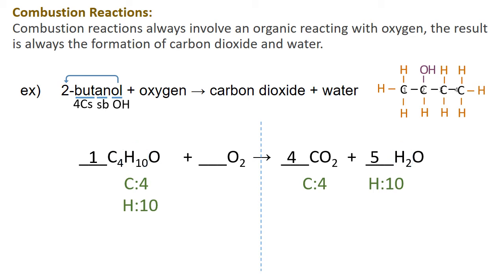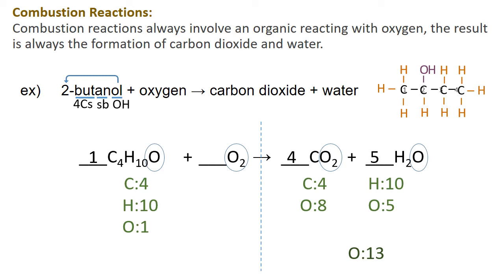Now I deal with that oxygen, which is again located everywhere. So in the 2-butanol, C4H10O, I have 1 oxygen. On the right-hand side, in the carbon dioxide, I have 8 oxygen, and due to having 5 water molecules, that gives me another 5 oxygen on the right-hand side. So on the right-hand side, I have a total of 13 oxygen.